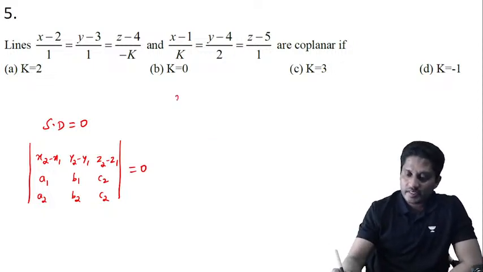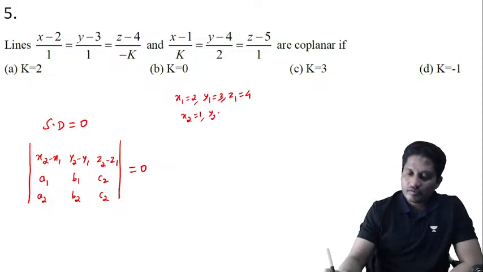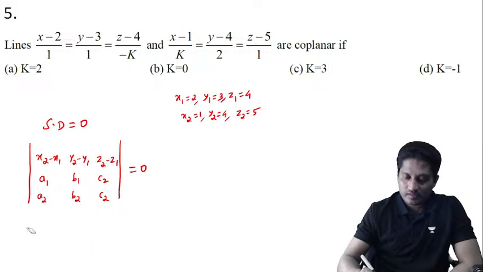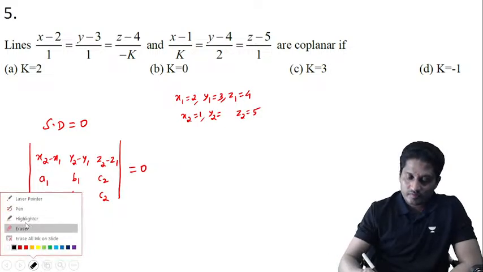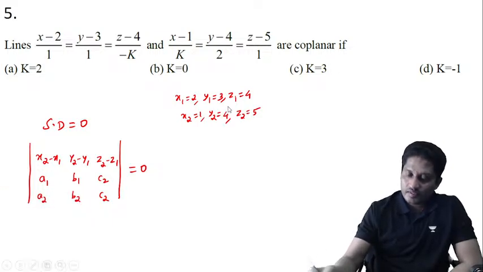First line: x1 is equal to 2, y1 is equal to 3, z1 is equal to 4. Second line: x2 is equal to 1, y2 is equal to 4, and z2 is equal to 4. Now if I subtract, this determinant is equal to 0.